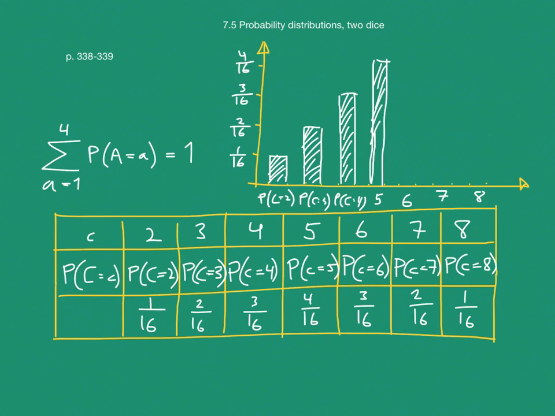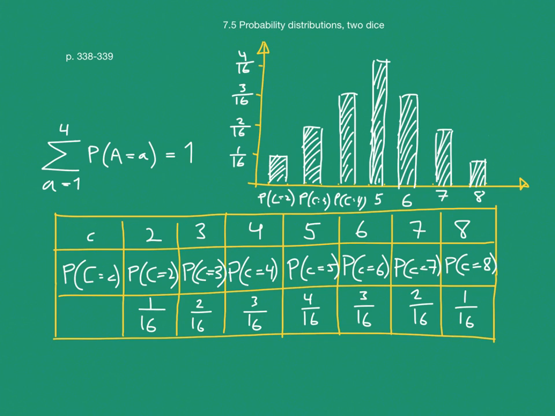But we can see that the bar chart looks quite different now. So it's not a flat bar chart anymore, but we have a distribution that is uneven. So the probabilities are distributed differently from when we only had the one die.